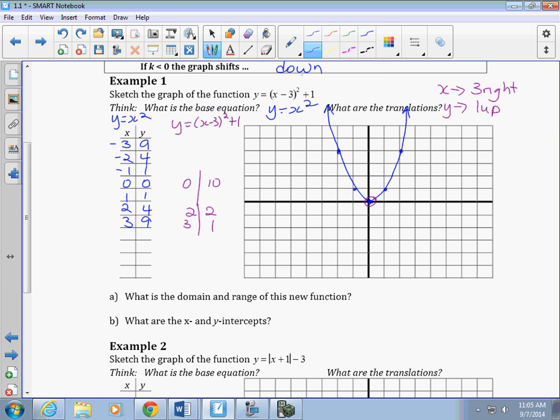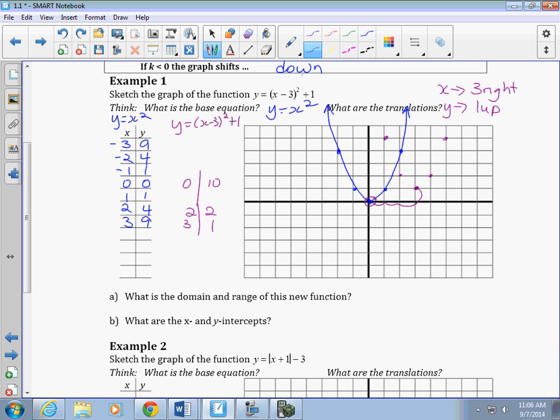So from here, this point here is going to move over 1, 2, 3 spots, and it's going to go up 1. So my new origin is going to be there. And then from there I can do my regular points, my over 1, up 1, over 2, up 4, and so on.